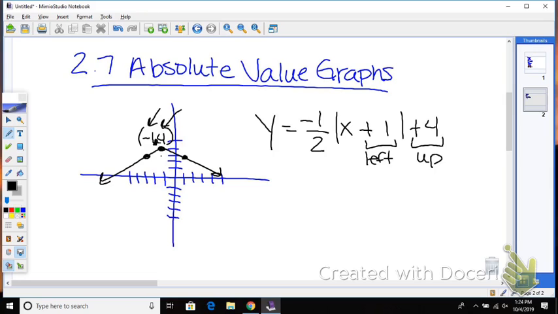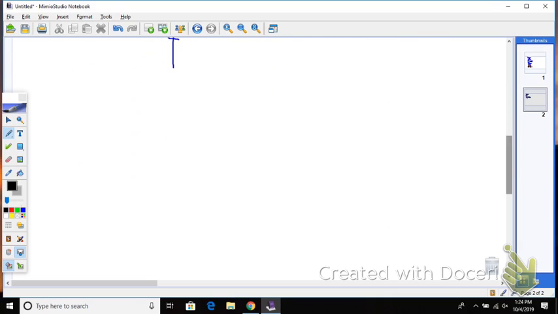Okay, let's do another one, but this time I'm not going to draw a picture for you. I'm just going to tell you the information. So for this one, I'm going to tell you that you're going to shift the vertex. Where does the vertex start always? 0, 0. So we're shifting the vertex.